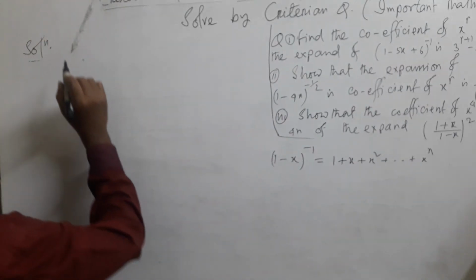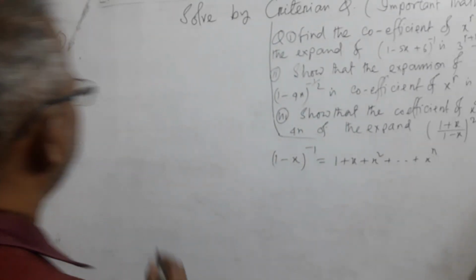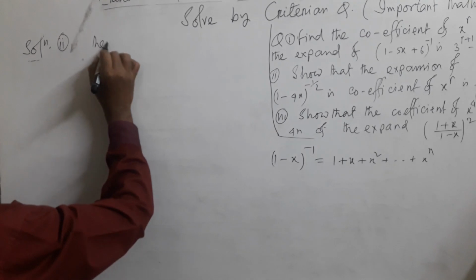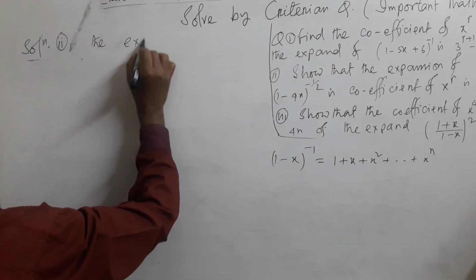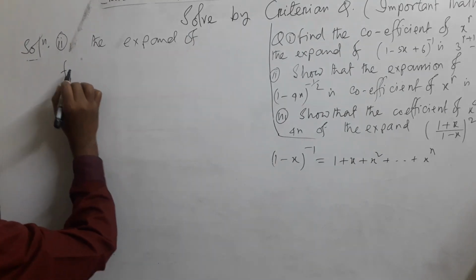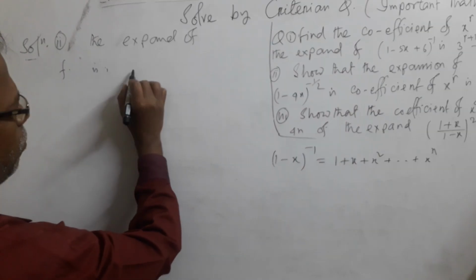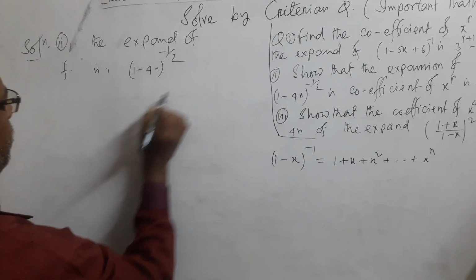And number 2, given the function to expand is (1 minus 4x) to the power minus half.